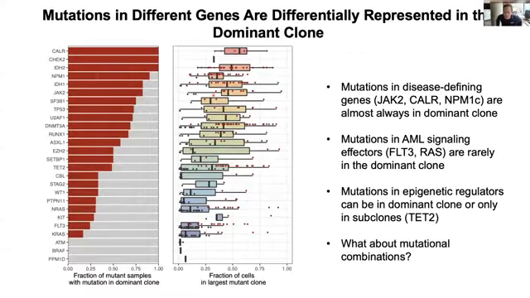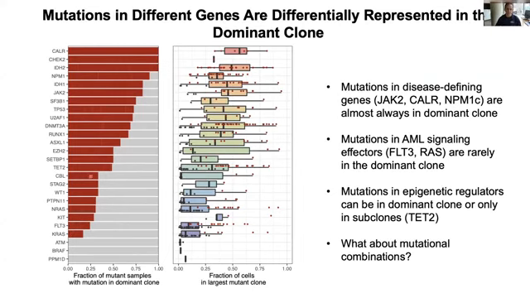We then wanted to know, are different mutations in the dominant clone or not? And this is not whether they're the first mutations, whether they're in the dominant clone. You can see that, for example, CALR mutations or JAK2 mutations in MPNs are virtually always in the dominant clone, not surprising. And for example, NPM1 is virtually always in the dominant clone. Other mutations like KRAS or FLT3 are almost never in the dominant clone.